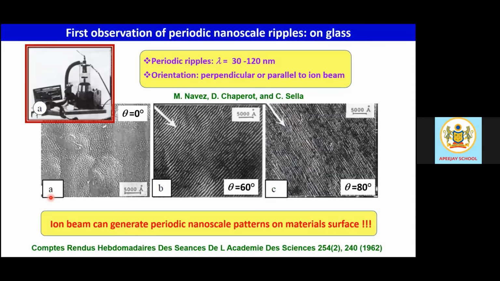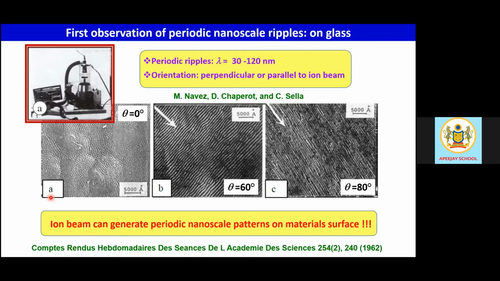As I told you, the story started, this I did not show the other day, way back in 1962, nearly 60 years ago, where this French group had reported that on a glass sample they could observe such beautiful patterns.